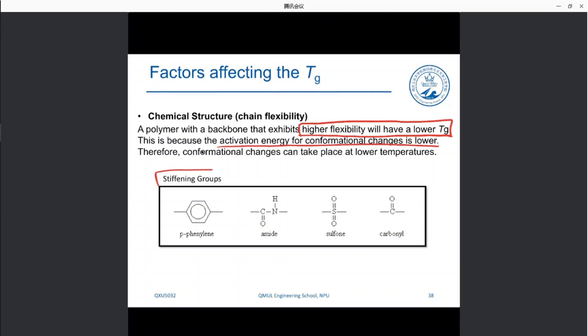Whereas if we have stiffening groups, we have higher energy and higher TGs. And some of the characteristic stiffening groups is, of course, a carbon ring, a phenyl ring, which you know that it is like that.